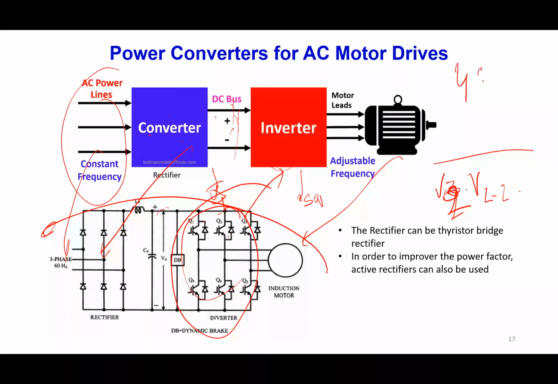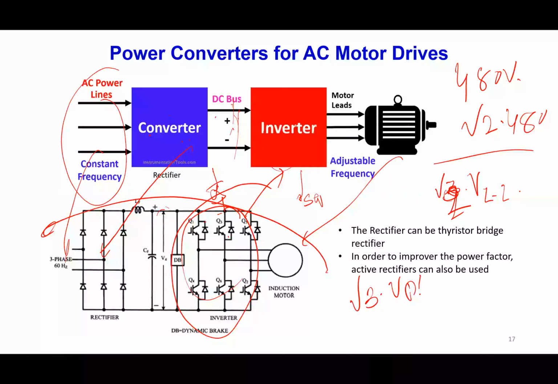So if 480 is the line to line voltage, then it is √2 times 480 volts. Or √3 times the phase voltage times √2. √3 times V phase times √2. So this is the RMS. So RMS, okay. So √2 times line to line voltage.